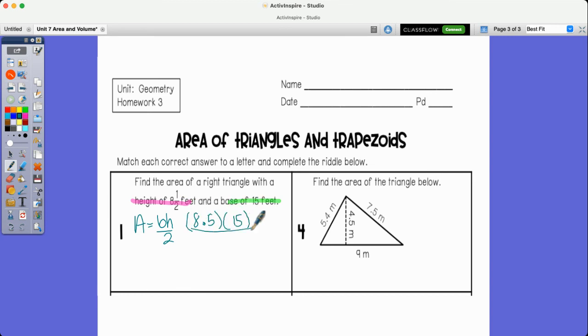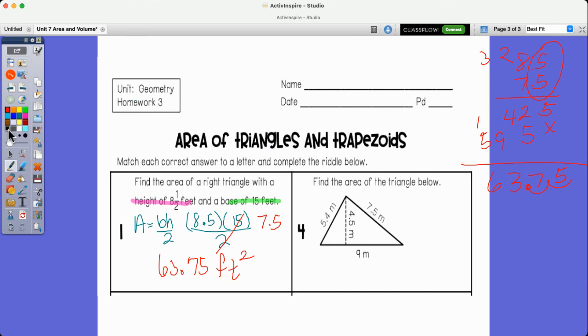Times 15 divided by 2. Now, once again, I'm going to do my division here. This gives me 7.5. Now I can do 8.5 times 7.5 off to the side. A little math magic. Some addition. And then we have 2 decimal places right here, once, twice. My answer is 63.75 feet squared, or square feet.